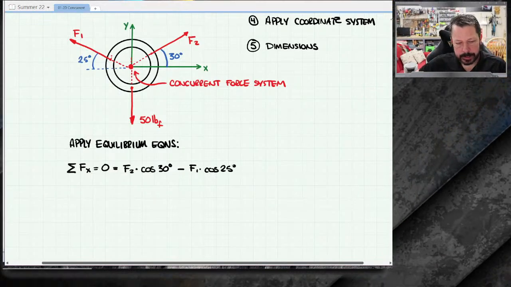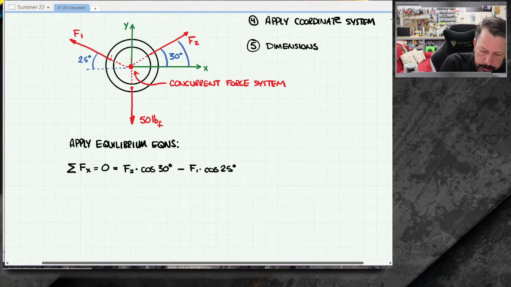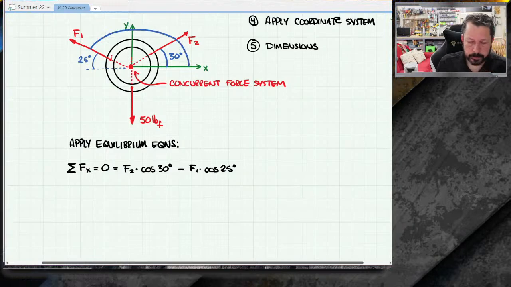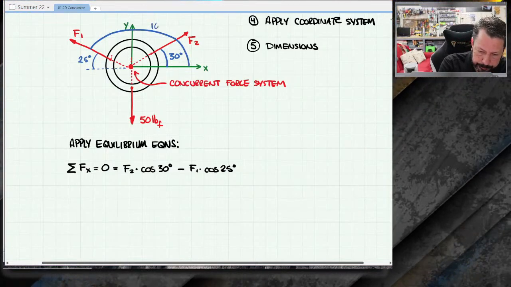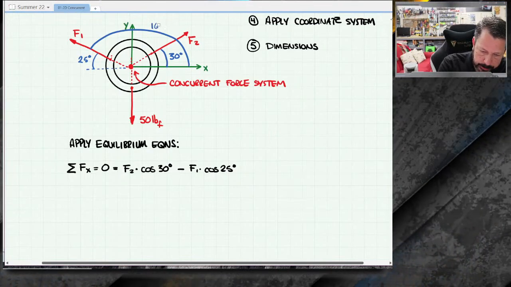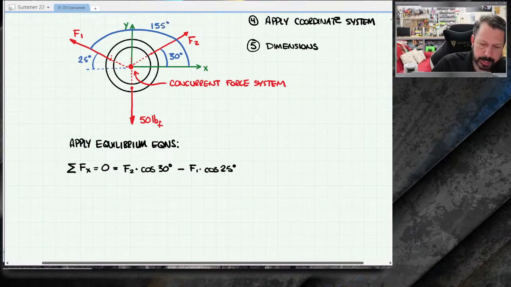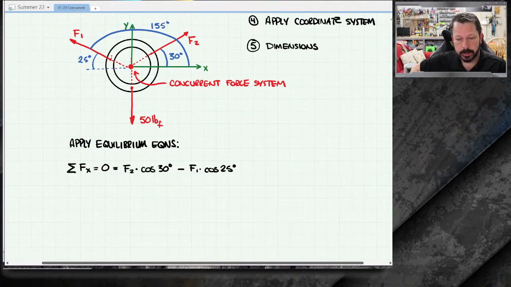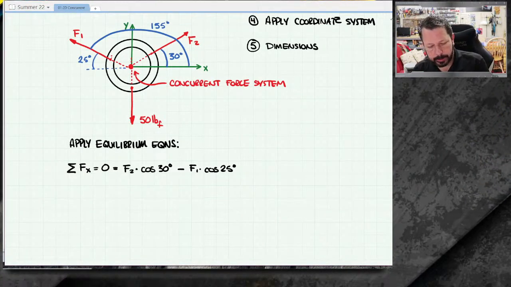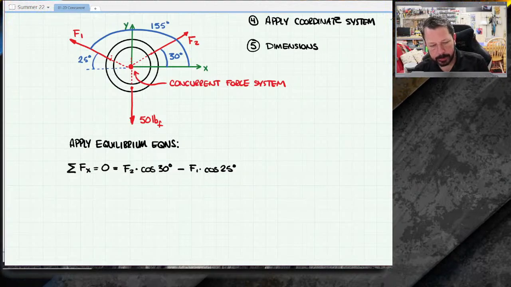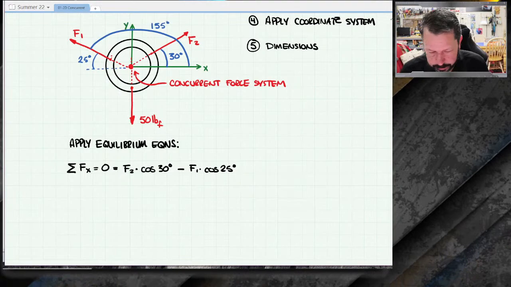Here's where you could mess up. If I gave you this angle as 155 degrees, and you write this out, F2 times cosine of 30 degrees minus F1 times cosine of 155, that's where you will get in trouble.